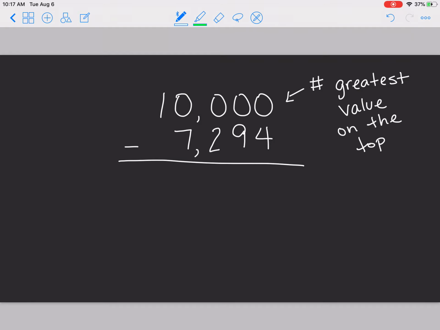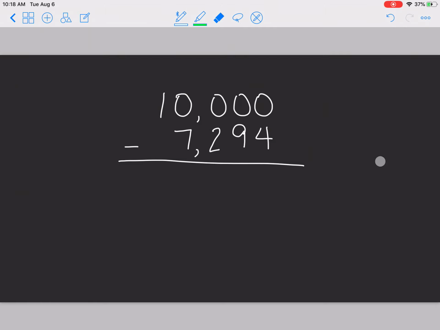We also can use a strategy of thinking about, as we're subtracting, the top number are the cookies on my plate. So that's how many cookies I've got on my plate. I have a very large plate right now.